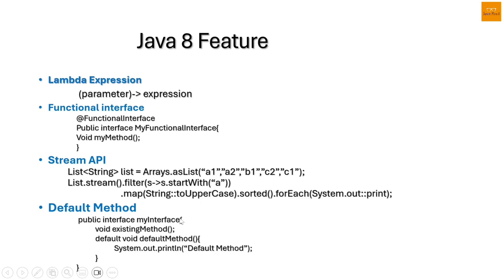So they provide a way to add new functionality to interfaces while preserving backward compatibility. In the example you can see we have one interface, MyInterface, with one existing abstract method and one default method. The use case and the coding scenarios we'll see in an upcoming video.